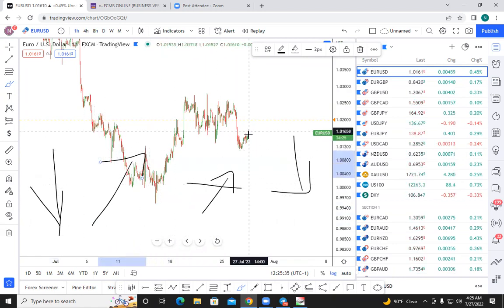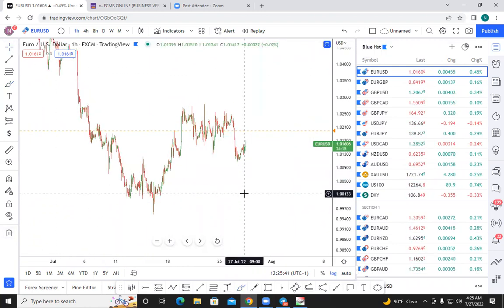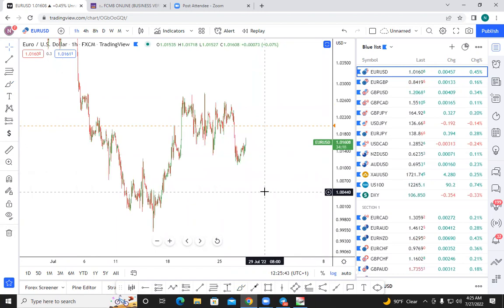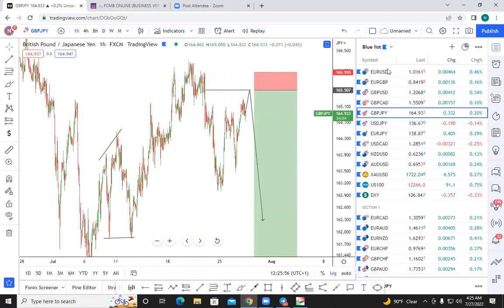And that's exactly what we're going to be looking at today: how to look at how charts are setting up preparatory to a major decision, so that you can position yourself appropriately.